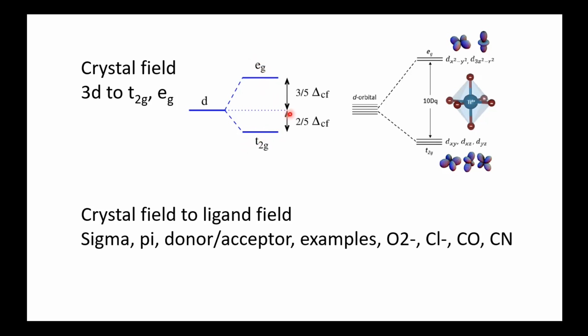Now we know we have 3 electrons contributing to the lower energy part, but also we have 2 electrons contributing to the high energy part. And we can do a simple math by subtracting this part from this part, and we get how much net energy we gain or lose after adopting this kind of t2g configuration.